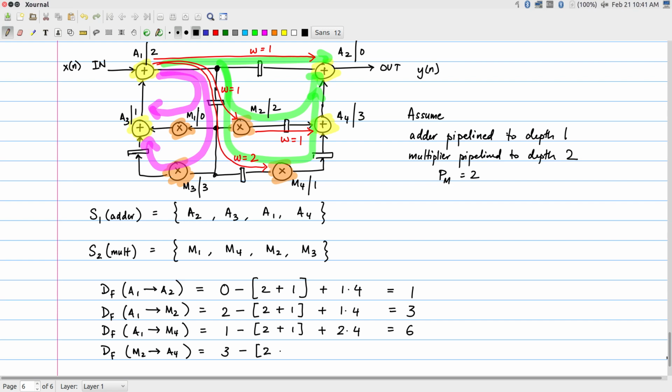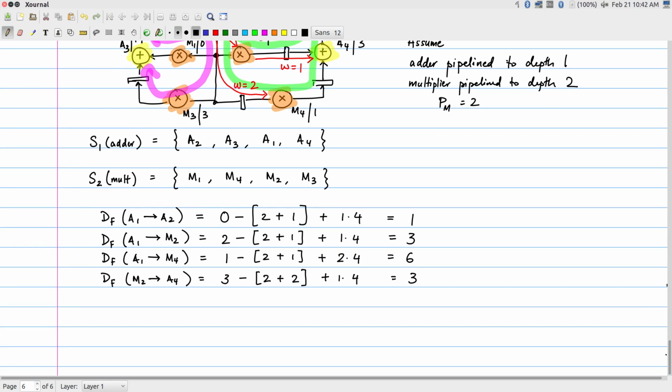It is scheduled at 2 and it has a pipeline latency of 2. Okay, so 3 minus 4 plus 1 into 4. Right? So basically it becomes 4 minus 1 is equal to 3.